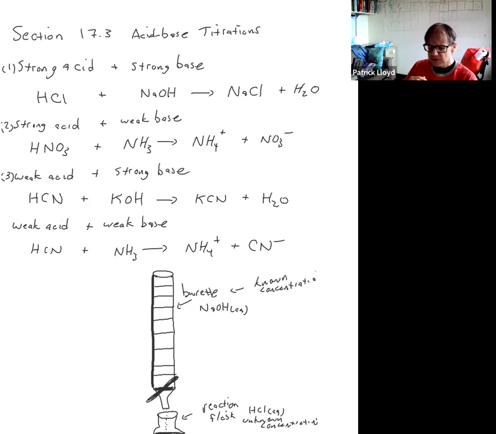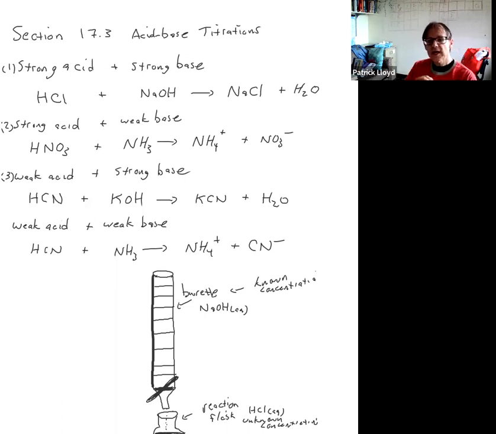We can actually calculate what the pH of the solution is as we add more and more of the base to the mixture. And what should happen to that pH? If you're starting off with an acidic solution, but then you add some base to it, the base is going to react with some of that acid and lower the acid's concentration.